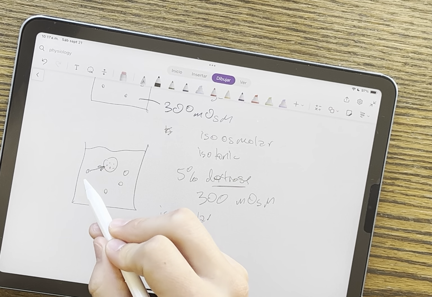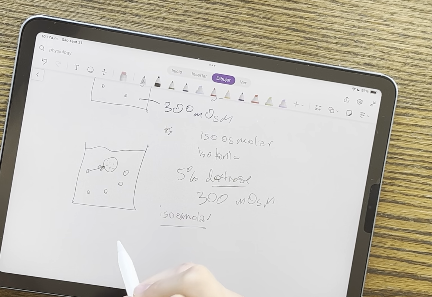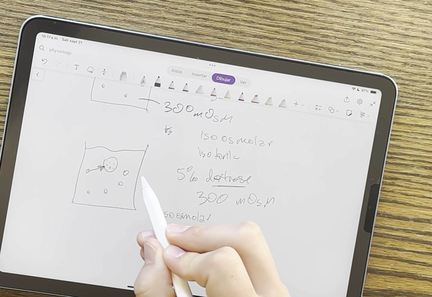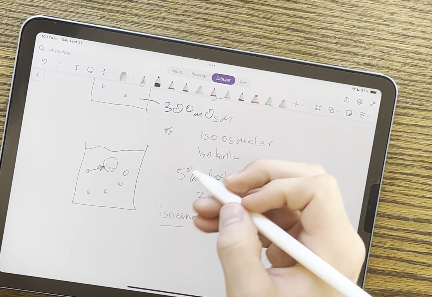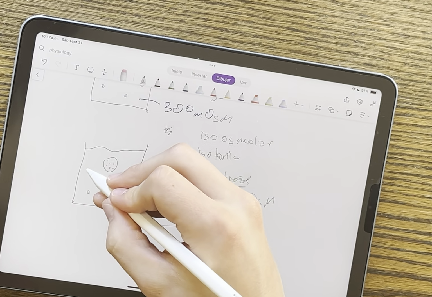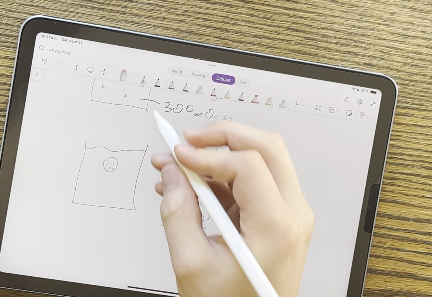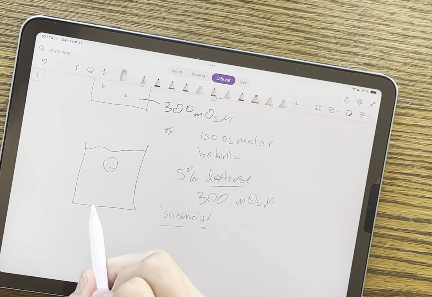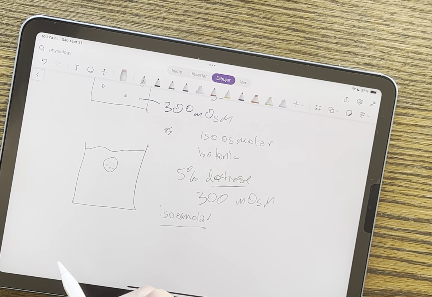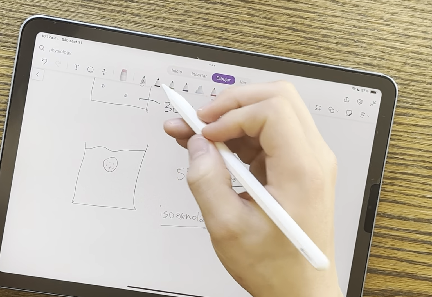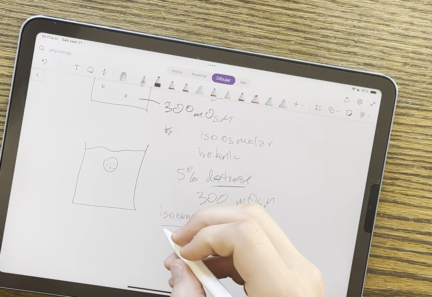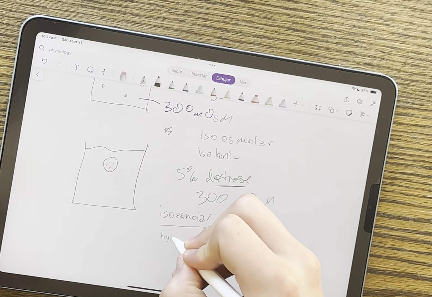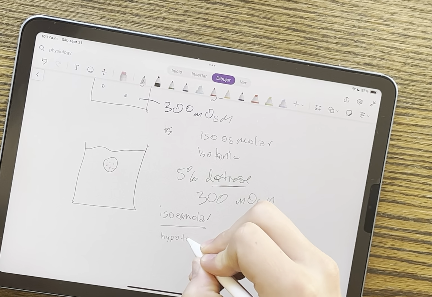There's a concentration gradient. There's more dextrose outside than inside. It moves in, the cell naturally is going to metabolize it, and it's all going to disappear. So now we're left with just what's inside the cell and nothing outside the cell. That means there's 0 milliosmolar outside the cell, which, as we talked about earlier, makes it hypotonic, right?